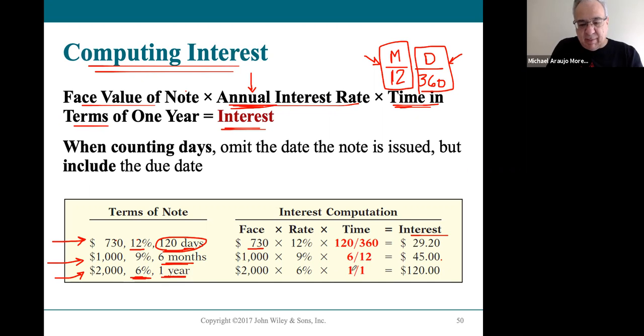So that's why the multiplication here is 1/1, because this is an annual rate. So you don't need to do anything with it. However, if it's for 2 years, we'd have to multiply it by 2. Because again, this just shows the annual rate. So if it's more than 1 year, 2 years, 3 years, we're going to have to multiply by those years. And that's it. I mean, that's really kind of the hard part of this.